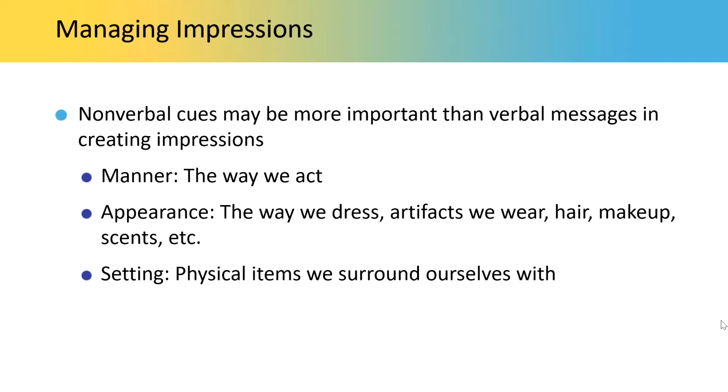Remember in chapter 3, we talked about presenting ourselves and what are some of the ways that we manage our impression: manner, appearance, and setting. So think about this now in terms of the nonverbals, the way we act. You are trying to present yourself as confident. How do you act? How do you dress?